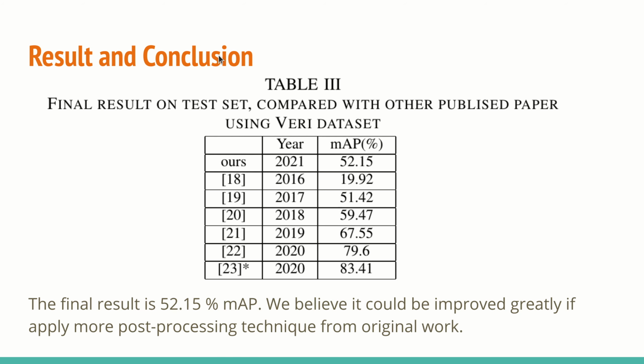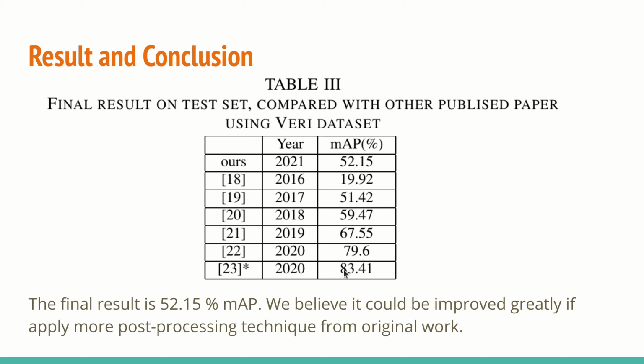About the result and conclusion, here is the result. Here is our result compared with other works on the same VeRi dataset. Our result is 55.15% mean average precision. And we can see that the results have improved over the years.